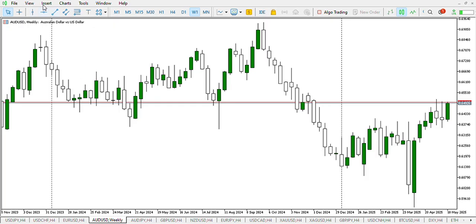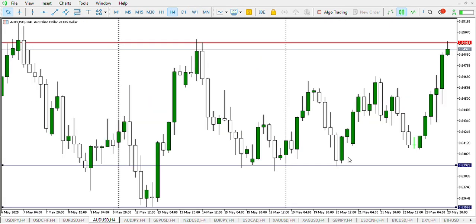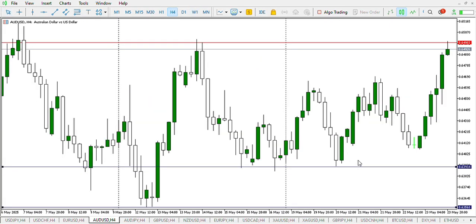you can see two support areas, not just support areas, two strong support areas. And let's just see how price behaves here. So you can see this area, we have another within this area as well.